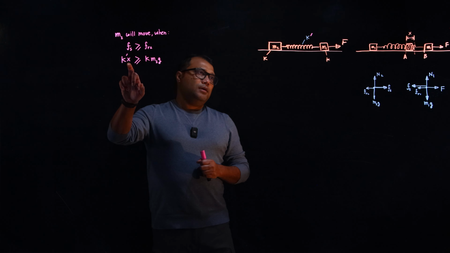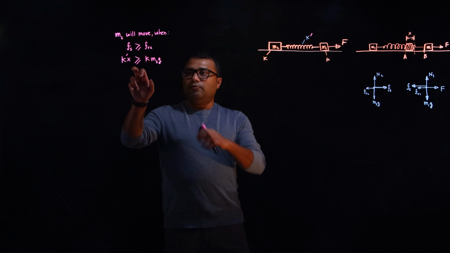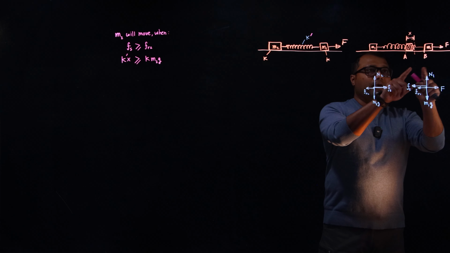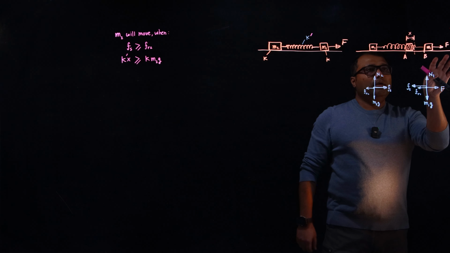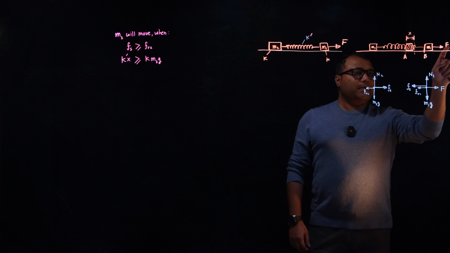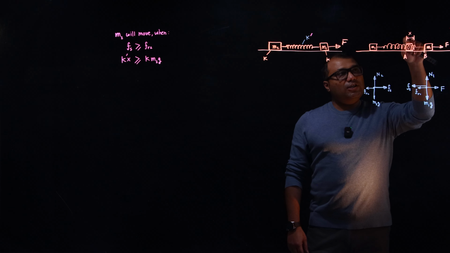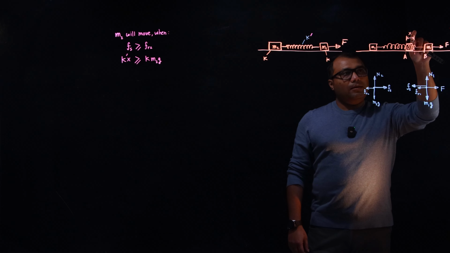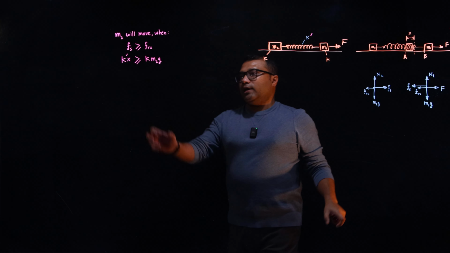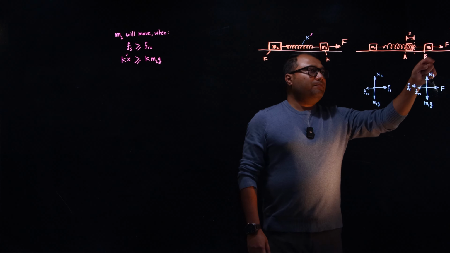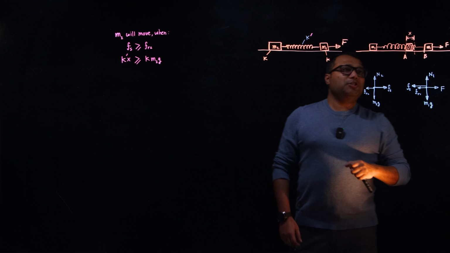This x is the connection between the movement of m2 and what is happening here. If we can represent this force F as some function of x, then we can make a connection between this and that. So how can we represent F as some function of x?